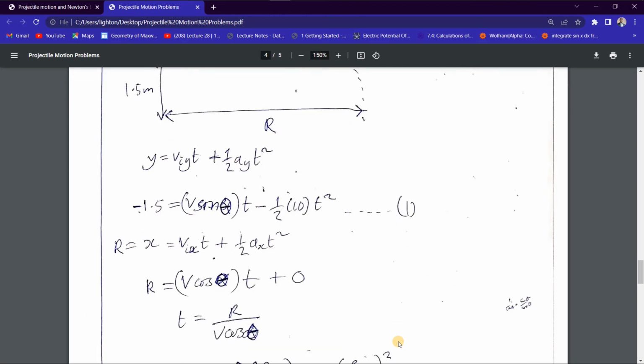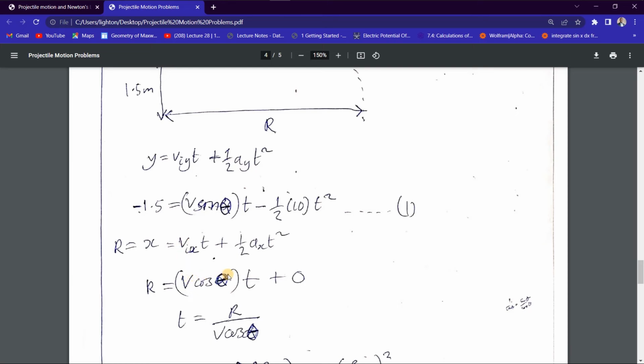Now for the range, you just go back here. The range is just the horizontal component of displacement, which is in the x-axis. So say R, the range, equals v_ix t plus half a_x t squared. But v_ix is just v cos theta, since v cos theta is the horizontal component of velocity.